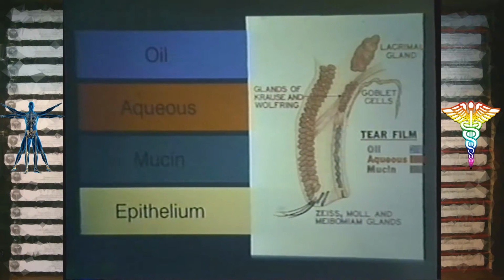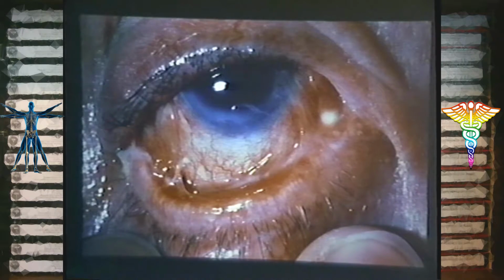Now, I can't emphasize to you enough how important it is to study the tear film. The tears are made up of three layers: the oil, aqueous, and mucin, and they're produced by these various glands within the eyelids. By far, the most common prescription that we write for eye drops is for artificial tears. They're also over the counter.